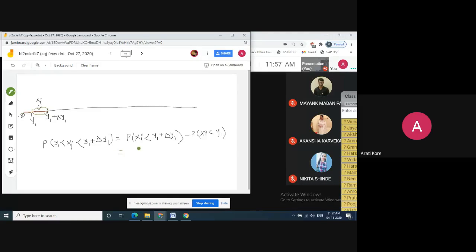This I can write as capital F of y1 plus delta y1 minus capital F of y1.